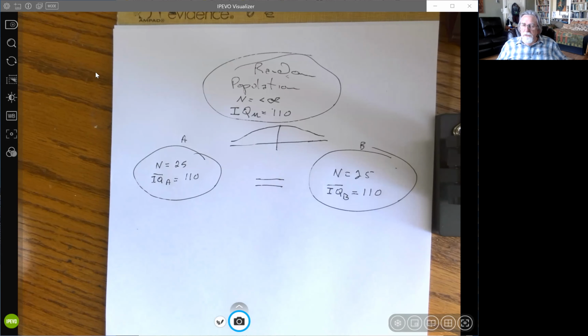Now, the second part of the modern scientific method is that then we would do something different to the two groups.